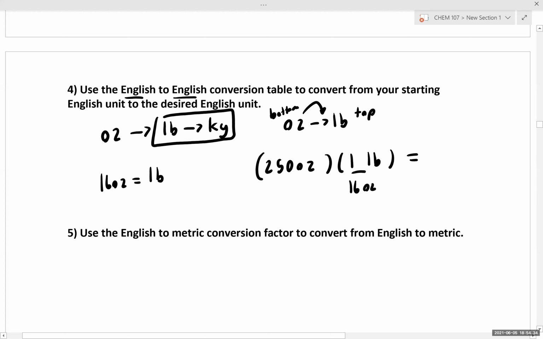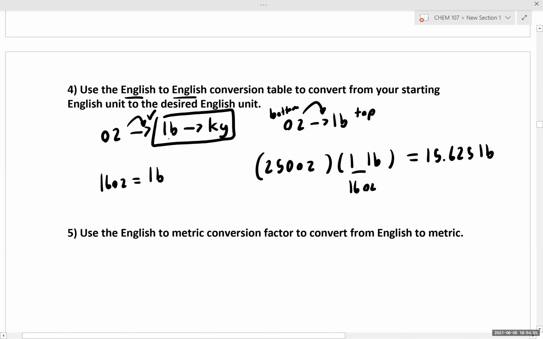So that in turn will give us 15.625 pounds. Remember, you don't round until the end. So we've gone from ounces to pounds and we've checked off that first conversion.